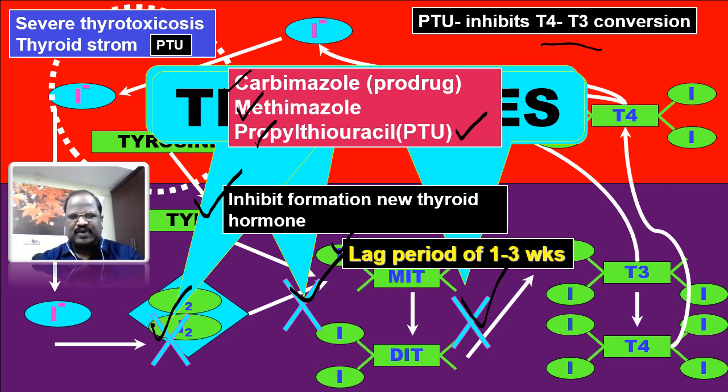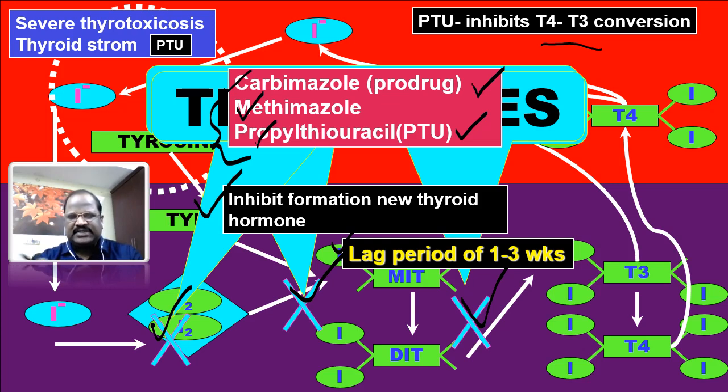Now some small information about individual drugs. Among the thioamides, carbimazole is a prodrug. The active form of carbimazole is methimazole. When I compare methimazole with propylthiouracil, methimazole has a longer half-life, say 4 to 6 hours, whereas propylthiouracil has a very short half-life, say 1 to 2 hours.